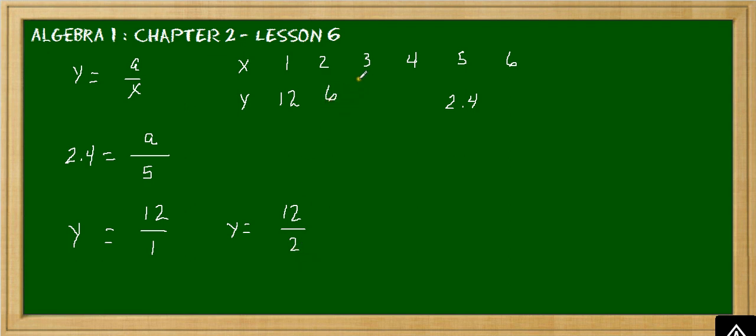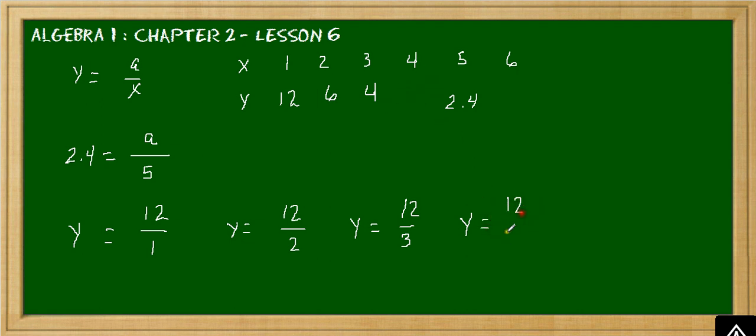And what's the next one? y is equal to 12 divided by 3, and 12 divided by 3 is equal to 4. As you see, we're filling out our table here. We first had to determine what the a value is based on just the one set of numbers, and now we can apply that a value and find the y value in the others.